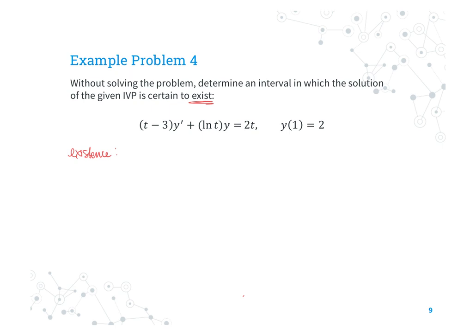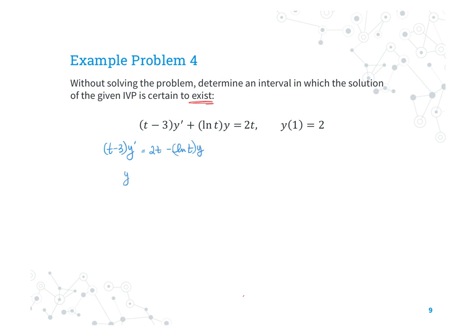But what we can't do yet is just simply look at that, because we have not solved for y prime yet. So we can't quite do this existence yet. Let's try solving first for y prime. So t minus 3 y prime is now going to equal 2t minus the natural log of t times y.